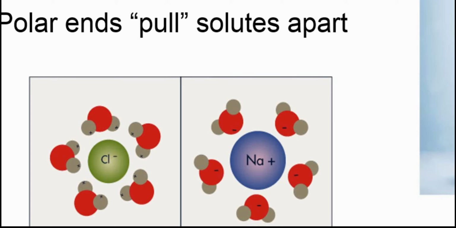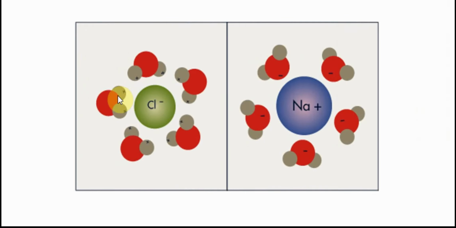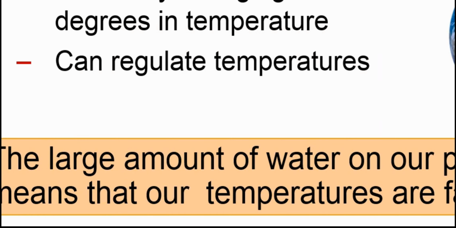If you look real closely at my diagrams, the water molecules that surround either the sodium or the chlorine have oriented themselves so that the positive end is attracted to the negative ion, or in the case of the sodium, the negative end is attracted to the positive ion. And so you can see how water acts like a magnet to pull apart just about anything that we try to dissolve in it. So given time, water can dissolve just about anything.